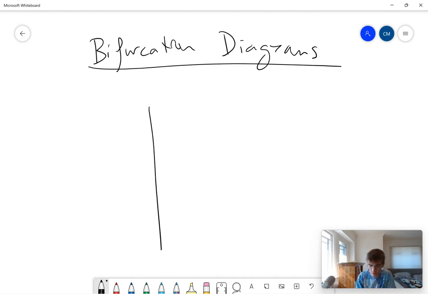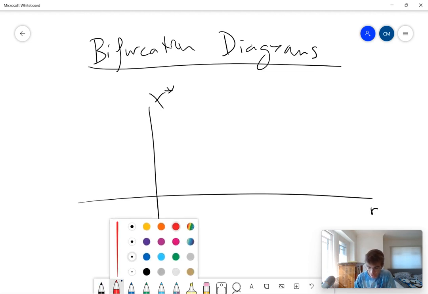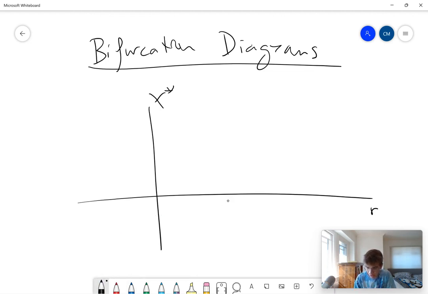Okay, so I want to view the fixed points x star as a function of my changing parameter. If I do this for a saddle node, let's just say the normal form of the saddle node, so r plus x squared is equal to x dot.